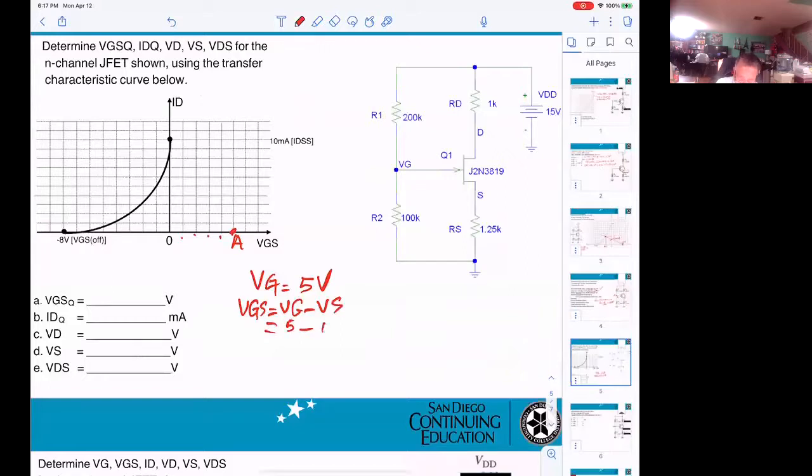VS will be ID times RS. So that will be VGS equals 5 minus ID times RS, 1.25K.